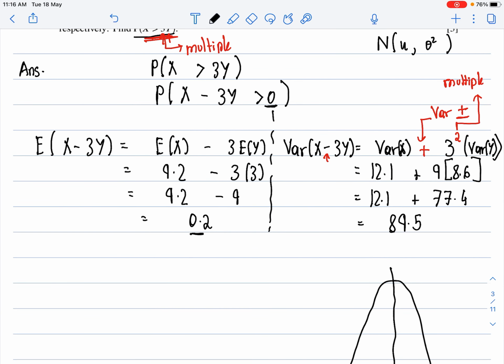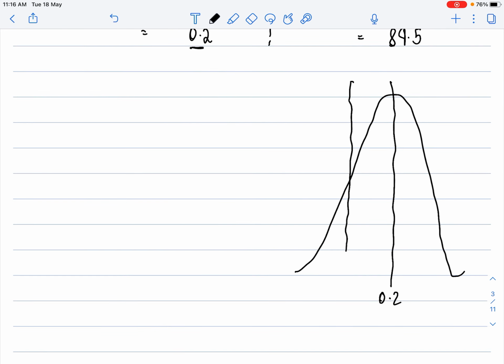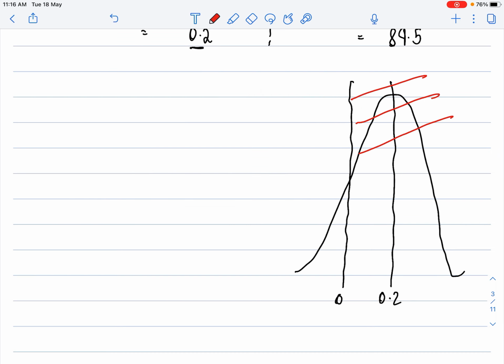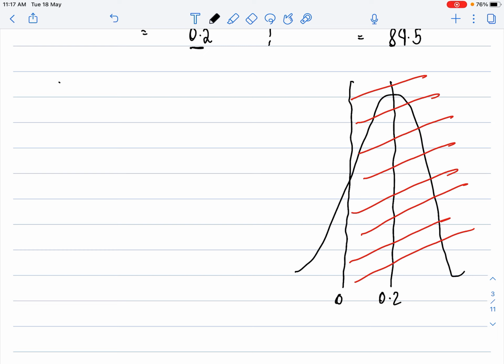My value is 0 because I need more than 0. So 0 lies somewhere here, and I need more than 0. That means I need the area somewhere here. Got it? So what I simply do is, I know my z is equal to my value minus the mean over the standard deviation.